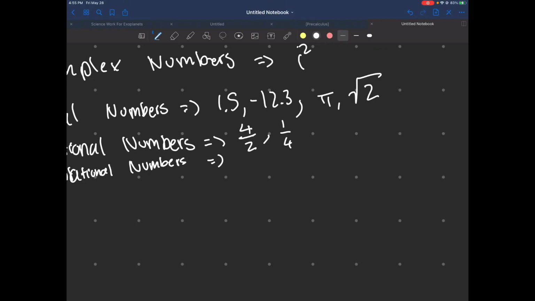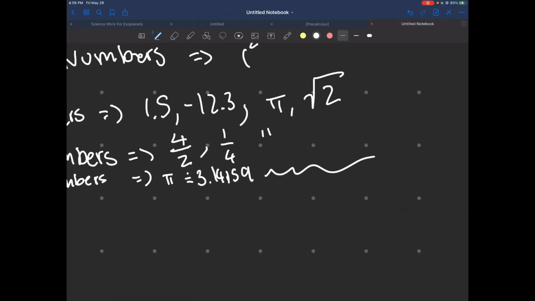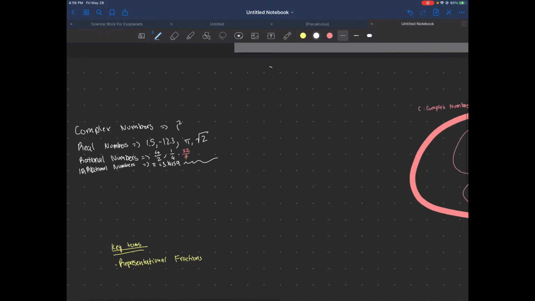Imagine a number such as pi. Pi is approximately 3.14159, and so on. This can't have any fraction that represents it. The closest there is, is 22 over 7, which I know is crazy.